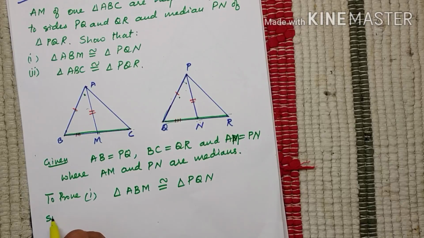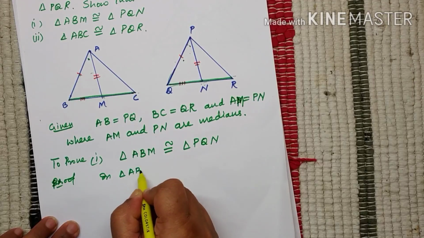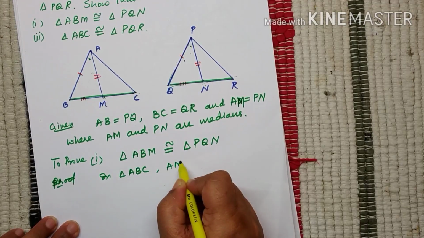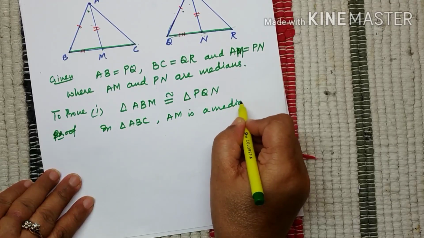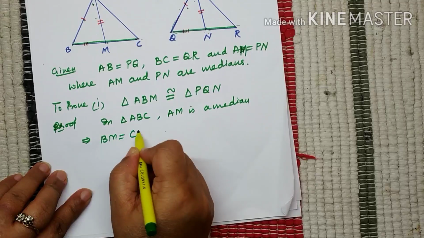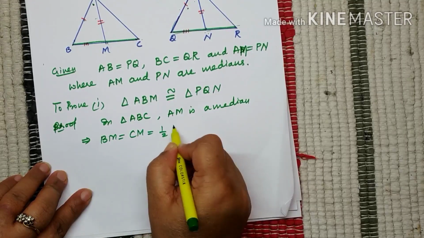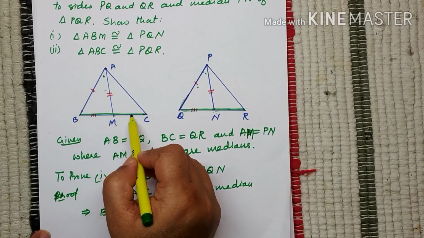So let us start with this proof. In triangle ABC, AM is a median. Does this imply BM is equal to CM equal to half of BC? Because it's a median, it will bisect the opposite side into two equal halves.